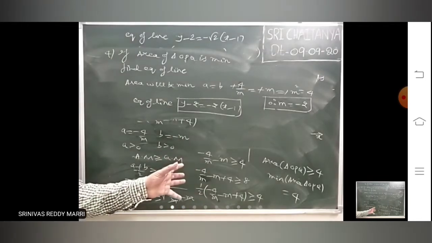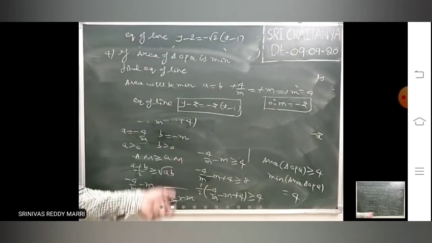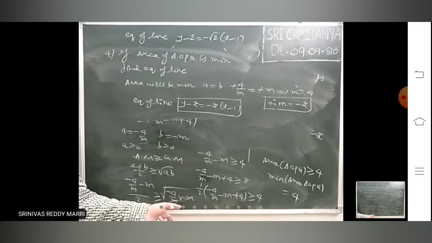Whenever like this logic is there, number and its reciprocal is there, immediately you apply AM greater than or equal to GM. I will tell a shortcut for this.